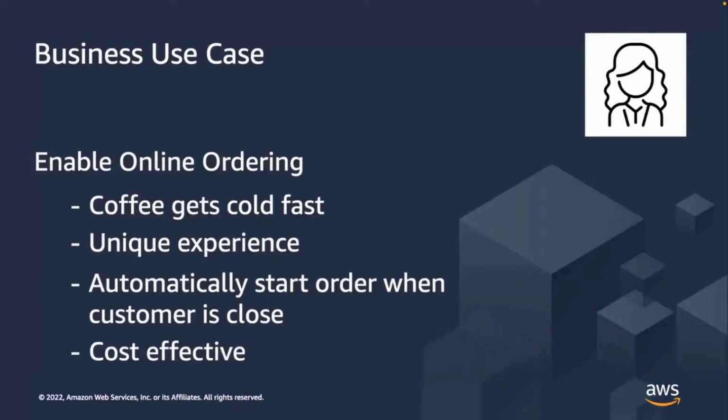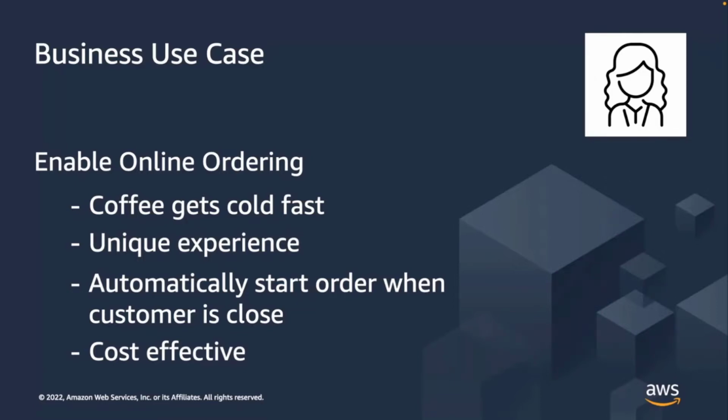Now, in this example, we're going to be dealing with a business use case where you have a coffee shop owner who wants to enable online ordering in their application. Now, the thing about coffee is that it can get cold by the time someone arrives to pick up the coffee. So, in this instance, we want it to be ready at a moment's notice.